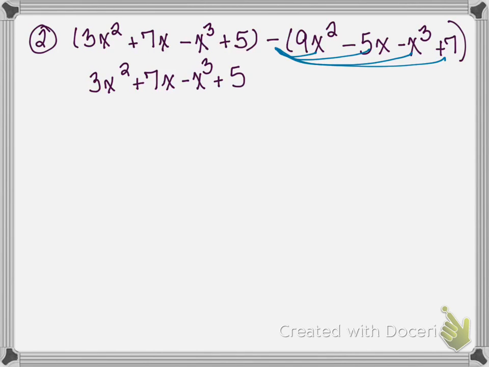Okay? Then we distribute our negative. Okay? What's negative and a negative for the 5x? Good. So that's going to be positive 5x. Then I have negative x to the third. Good. Okay? That x to the third is what typically gets students.